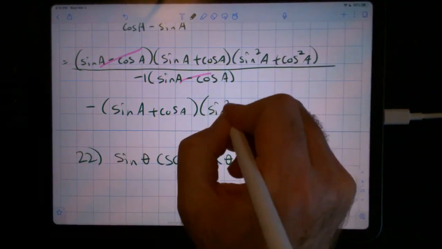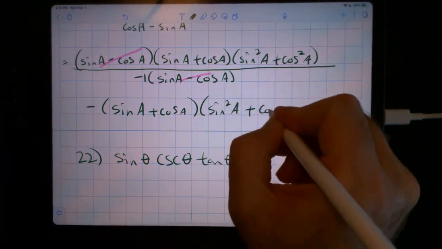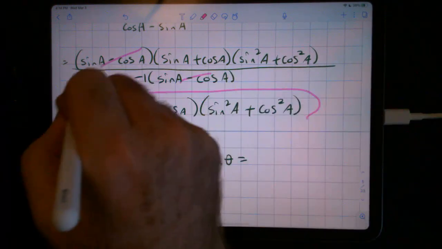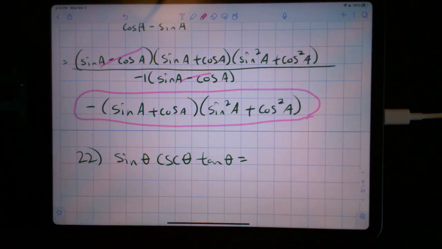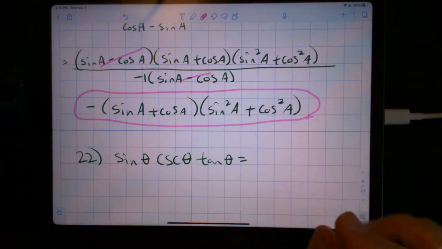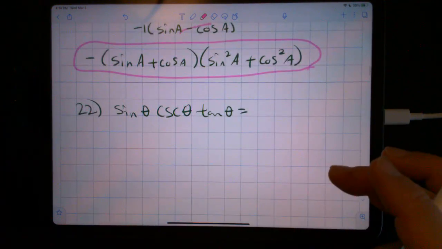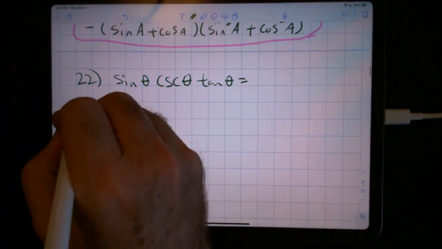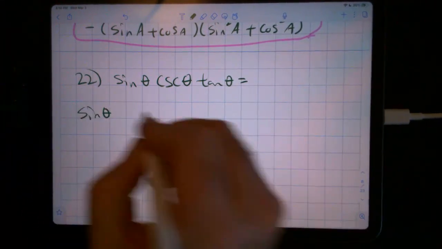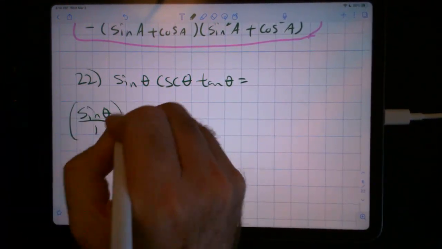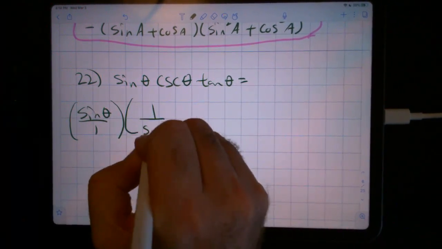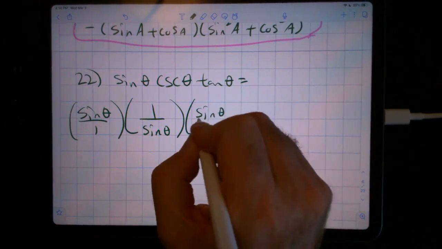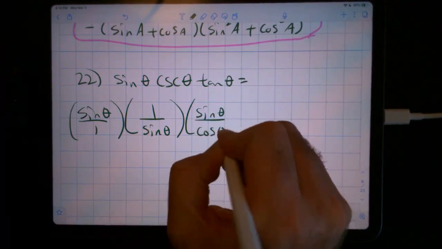times, okay. Factoring this out, so what this is sine theta over 1 times 1 over sine theta times sine theta divided by cosine theta.